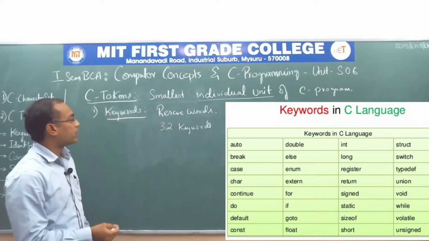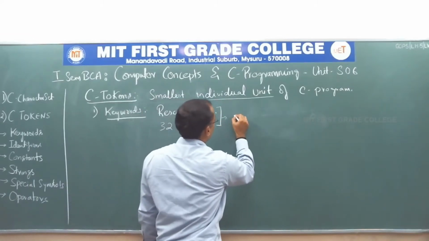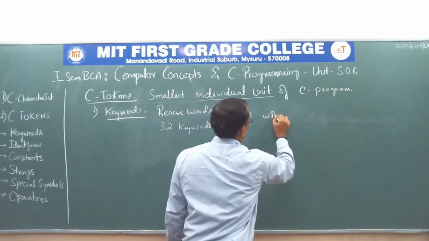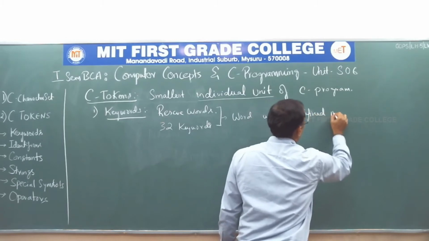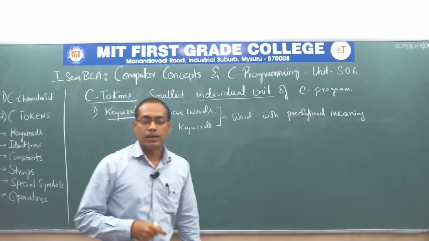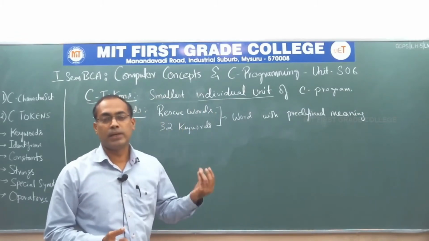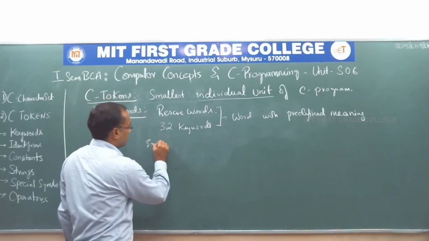So keywords, I can define in this way: it is nothing but a word with predefined meaning. Meaning, there are some words, that is 32 words, and each of these words has got a predefined meaning. I'll just take a few of the examples.